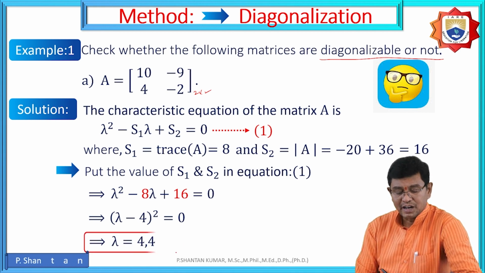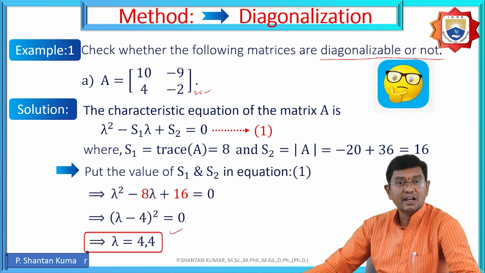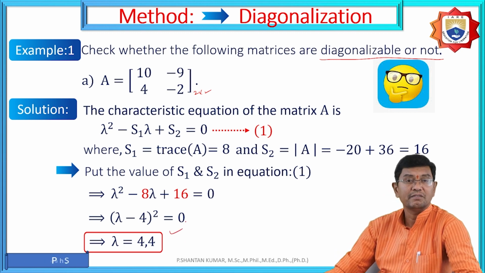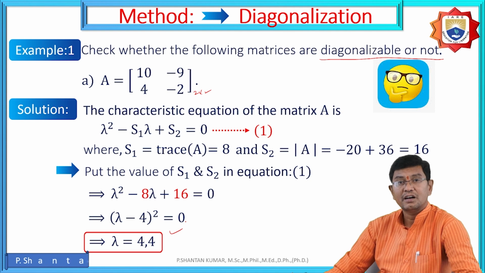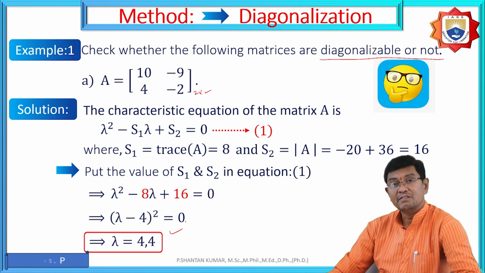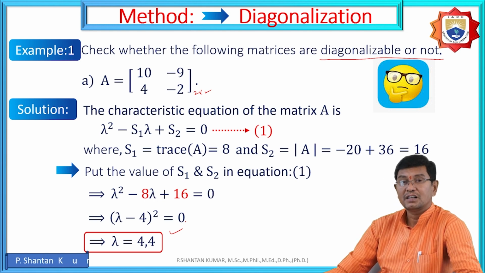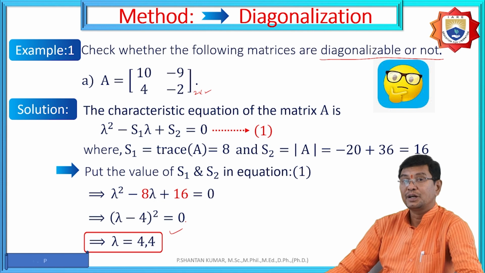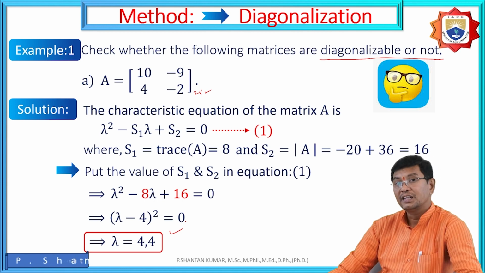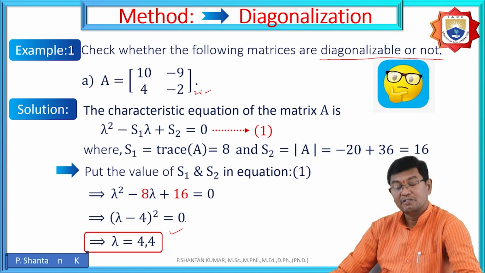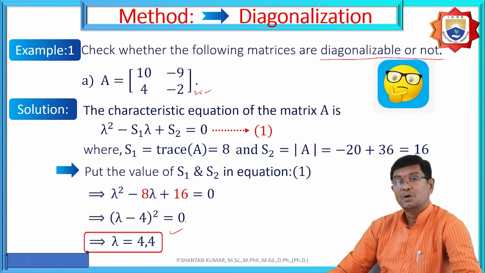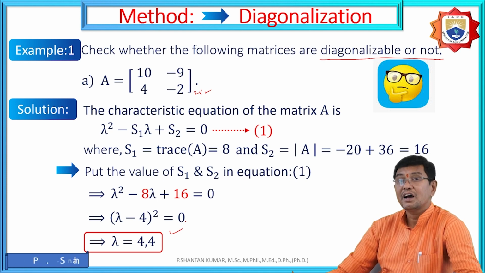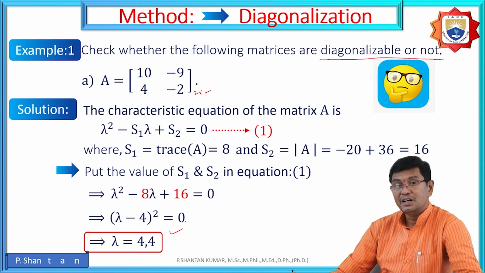Observing these eigenvalues, we need to find the eigenvectors. According to the flow chart, whenever the eigenvalues are different, it is directly possible. But whenever the eigenvalues are repeated, we need to check the particular eigenvalue's geometric multiplicity and algebraic multiplicity for confirmation.